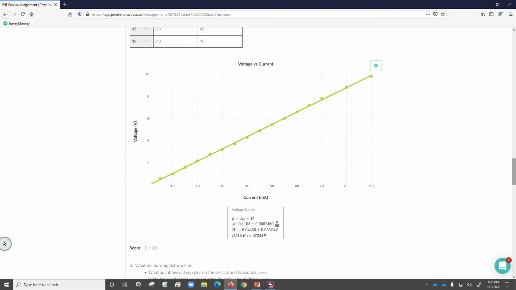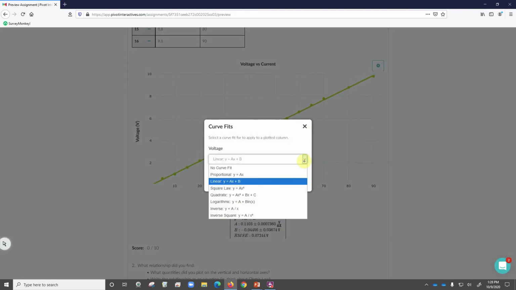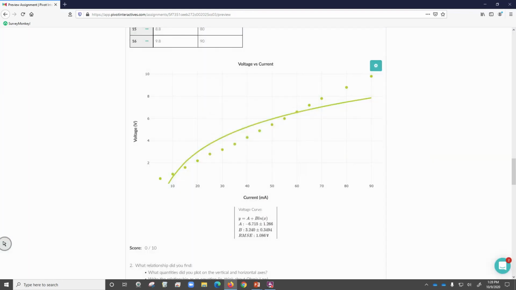Now, technically, you should have checked different fits. The meaning of the fit is to find a curve, a line that kind of touches all the points with the least inaccuracy, with the best accuracy. And this is the measure of inaccuracy. We want this number to be as small as possible.